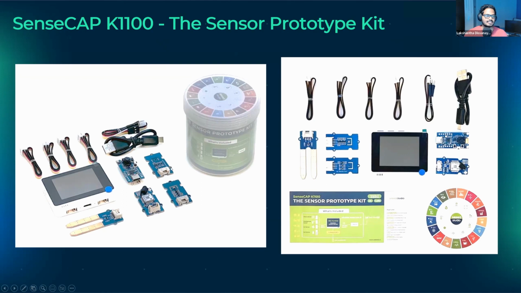Then it has a gas sensor module, a temperature and humidity sensor module, a soil moisture sensor module, and another Grove LoRa E5 module. By using this LoRa E5 module, you can connect all these sensors together to the Wio Terminal microcontroller, and then send the sensor data to a LoRaWAN gateway. And then from that gateway, you can send the data to the cloud to visualize all the data on a dashboard. So that is the kit.